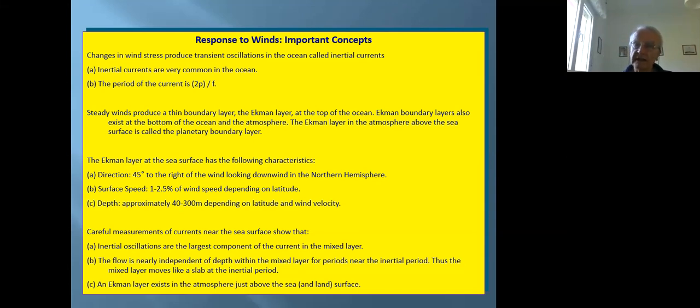Steady winds, on the other hand, create long-term, large-scale motions in the ocean, which change very slowly, and therefore have an important influence on the redistribution of water masses in the ocean.